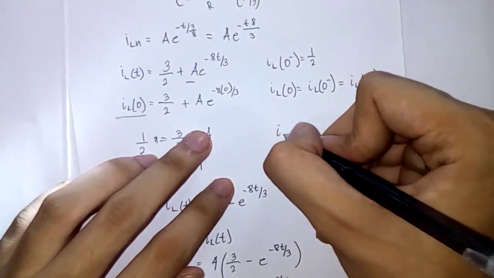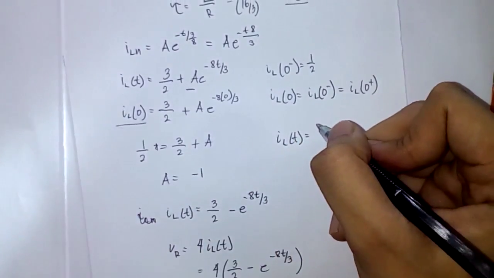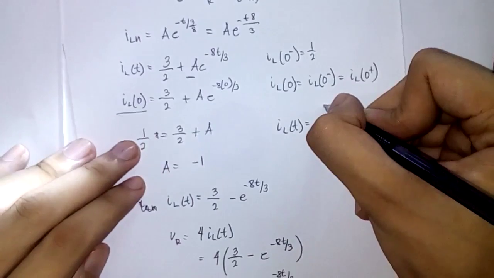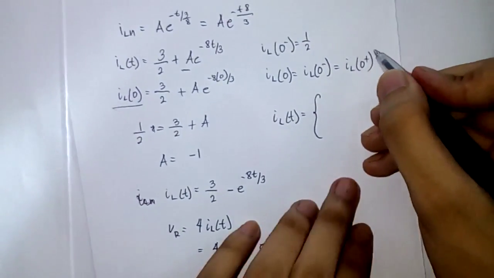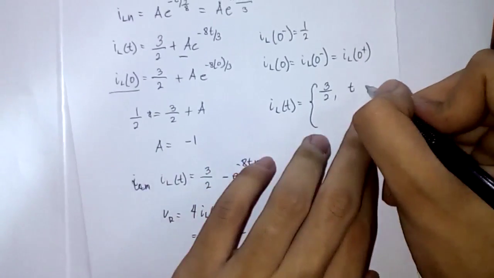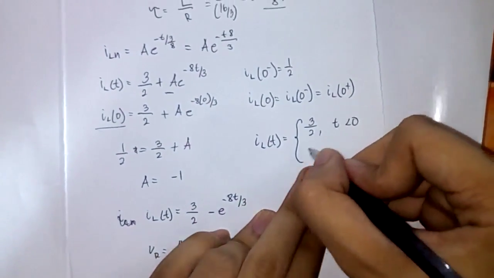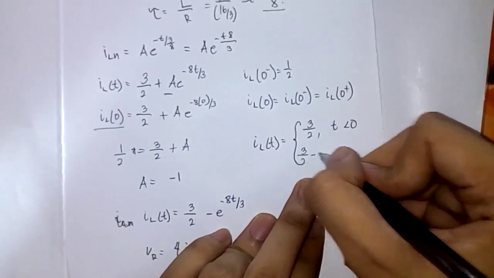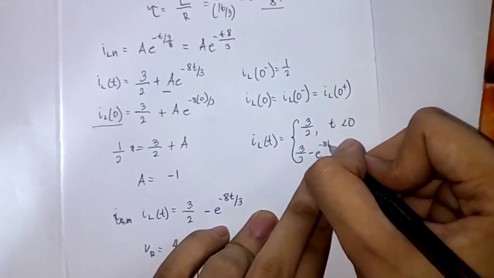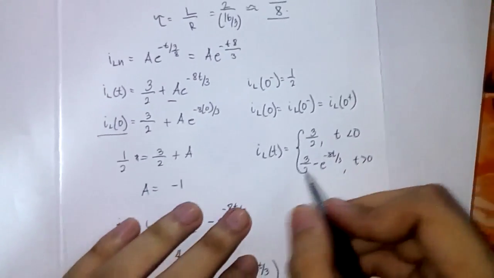So our IL for all t would be equal to 1/2 when t is less than 0, and 3/2 minus e to the negative 8t over 3 when t is greater than 0.